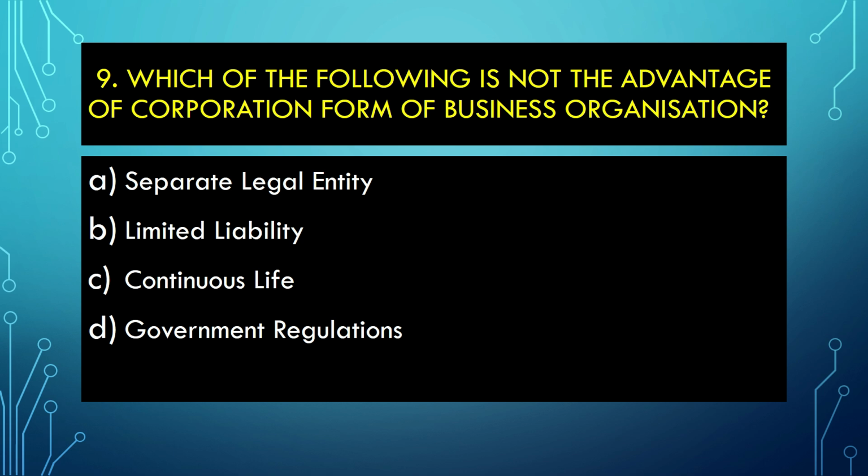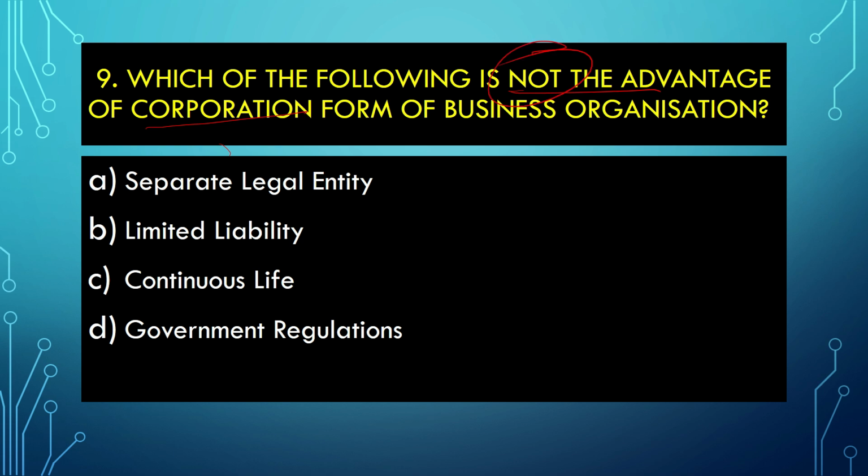Which of the following is not an advantage of the corporation form? There are three forms of business organization that you have seen: sole proprietorship, partnership, and corporation. Each of them has some advantages and some disadvantages, but here it is asking about the corporation.